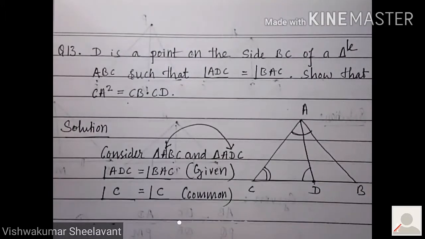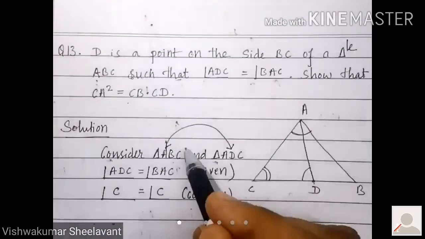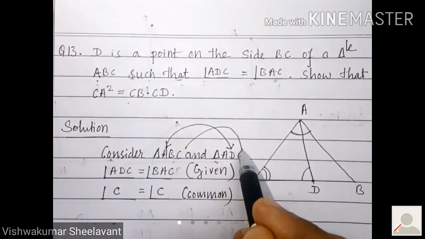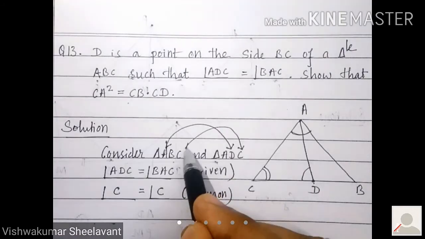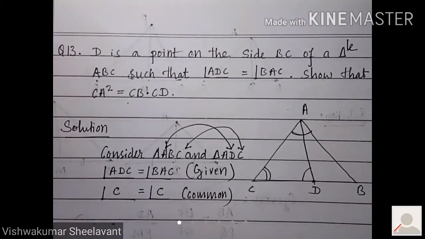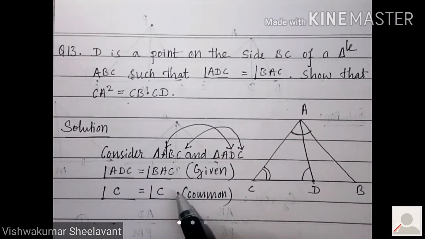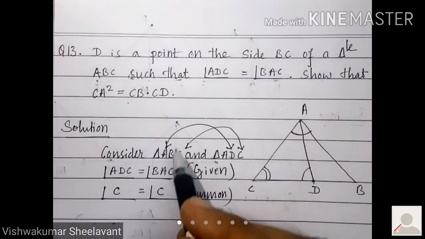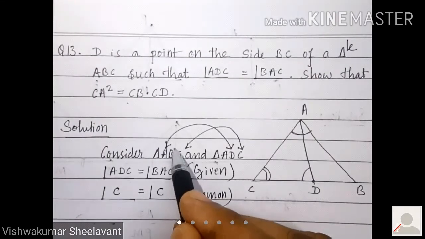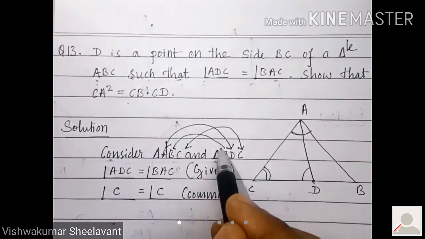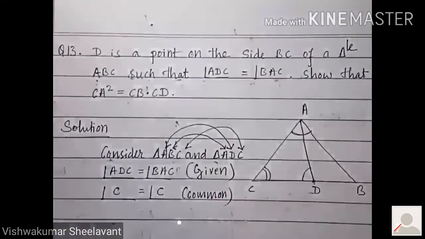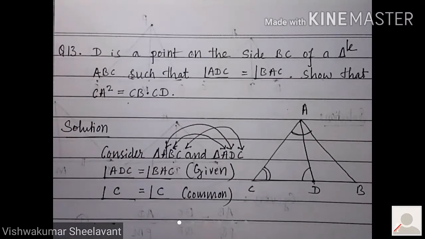Angle A corresponds to angle D. Angle C corresponds to angle C. Angle B in triangle ABC corresponds to angle A in triangle ADC.